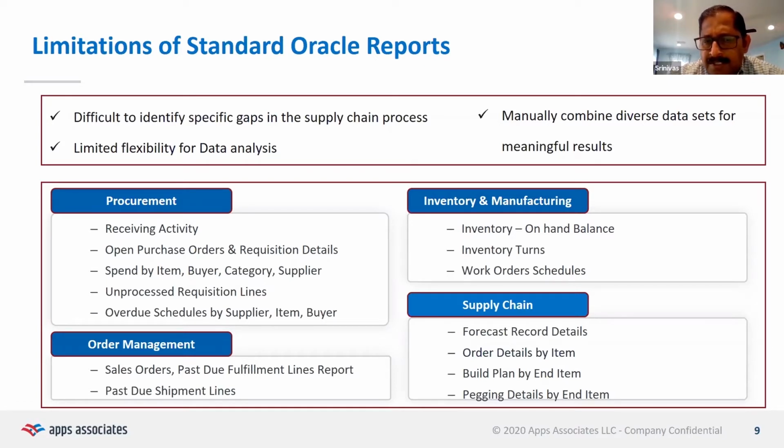Now, on the order management side, you have details on the sales orders. You have details on any fulfillment or shipments that are delayed as part of this process. And in supply chain, you have details on the forecast that has been created.